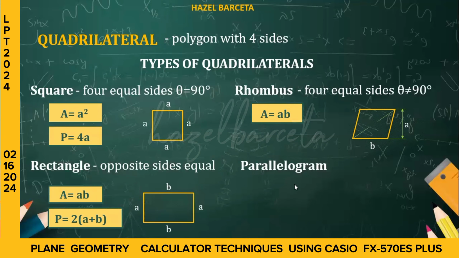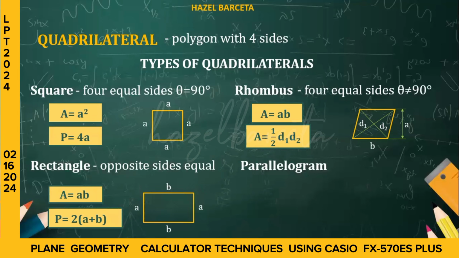And kapag given po ang ating diagonals, di ba yung diagonal is magkoconnect tayo from one point to other point, one end to other end, D1 and D2. So, the formula, area is equal to 1/2 times D1 times D2. Product of D1 and D2.